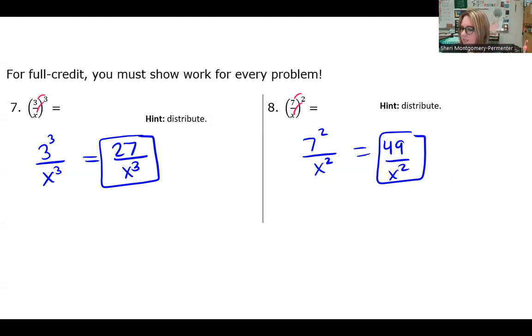Did you guys get the right answer? Good. Let's get those right on the quiz.